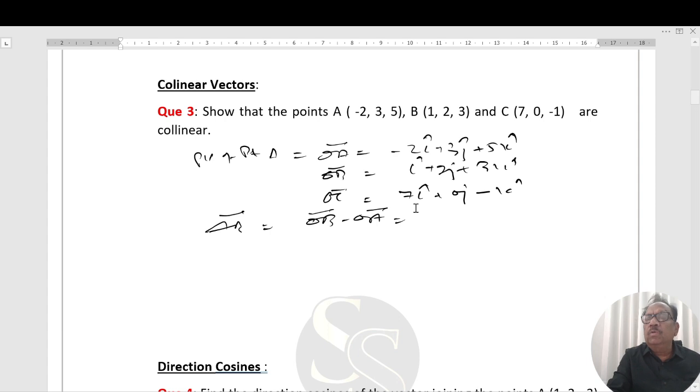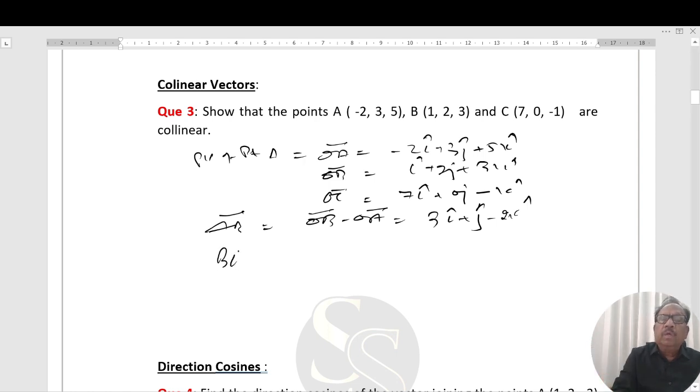On further simplification, OB minus OA, this minus this, gives 3i, this minus this gives minus j, and this is minus 2k. This is what AB comes out to be.